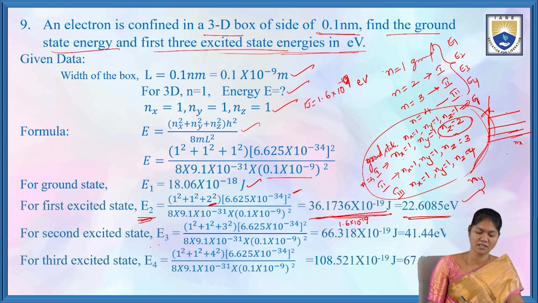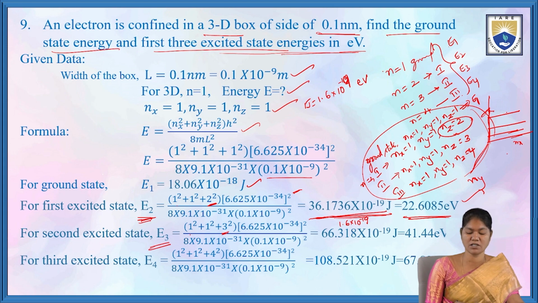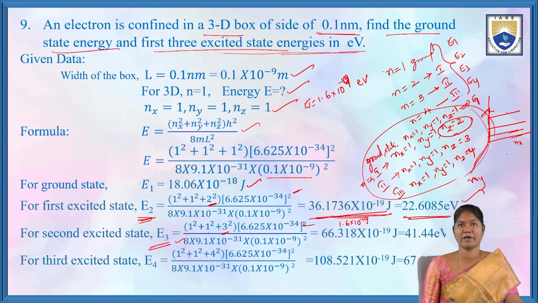Likewise E3, so we substitute nx and ny equals 1 and nz equals 3, so 1 square plus 1 square plus 3 square into (6.625 into 10 power minus 34) whole square divided by 8 into 9.1 into 10 power minus 31 into (0.1 into 10 power minus 9) whole square.